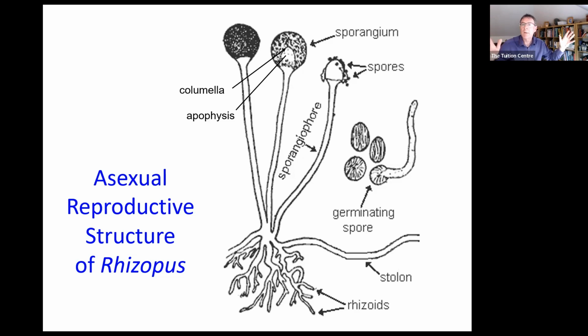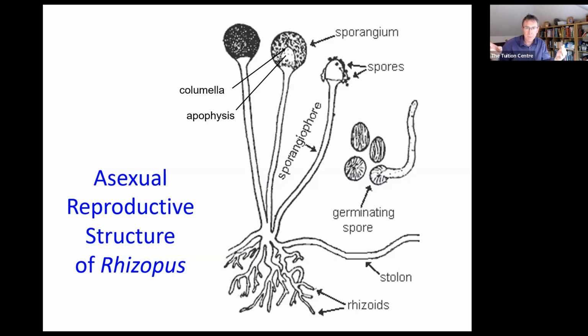So that's the classic asexual reproductive structure, the sporangium producing the spores. That's the main asexual reproductive mode for Rhizopus.